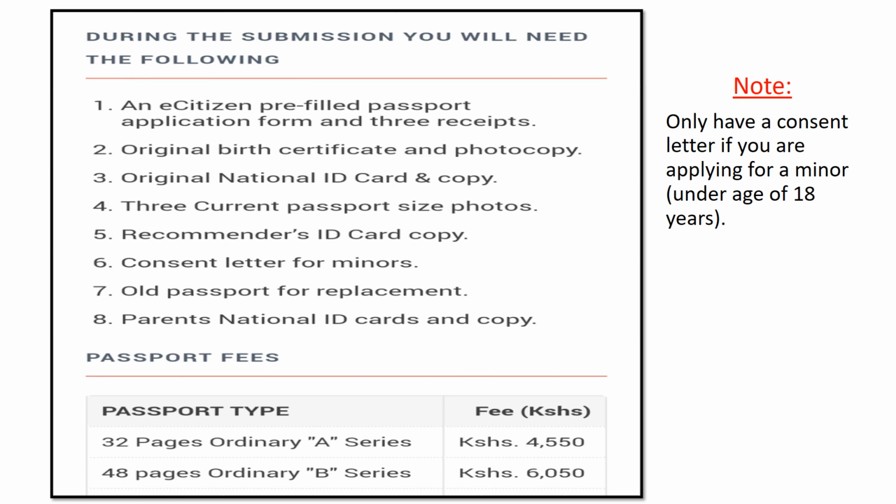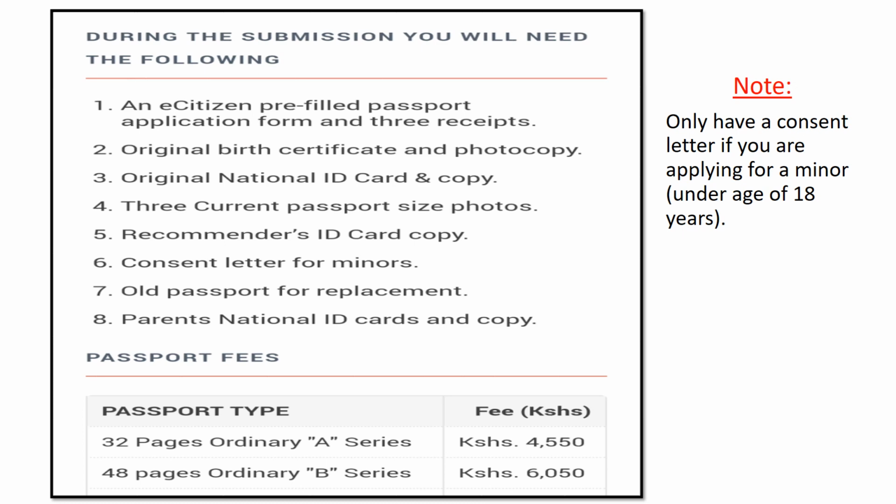In short, just go online, download a consent letter sample, look through the consent letter format, know how to write a consent letter, and have it with you when you're going to the immigration's office. A minor is just a person who's under the age of 18 years old.